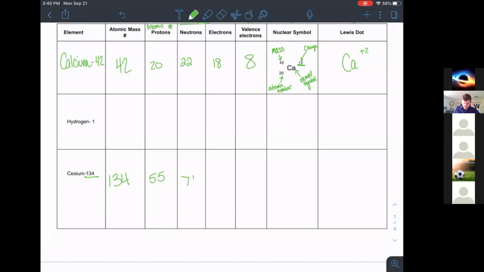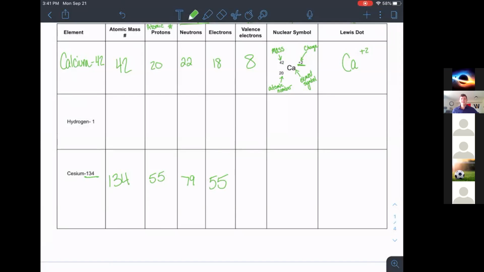Wonderful. 79. And we got that from 134 minus 55. What about the number of electrons? 55. Since we don't know that it has a charge, we're going to assume that this is a neutral atom and that it's going to have the same number of electrons as it has protons.